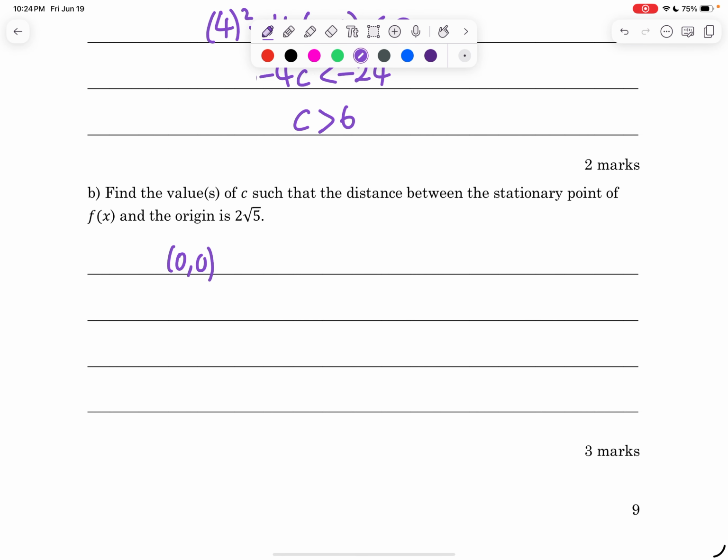So the turning point is negative 2, c minus 6, and the origin is 0, 0. We know the distance is the square root of c minus 6 squared plus negative 2 squared, and that has to equal 2 root 5. And then we solve for c.